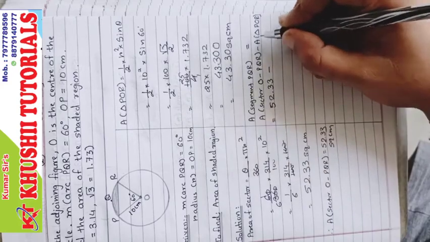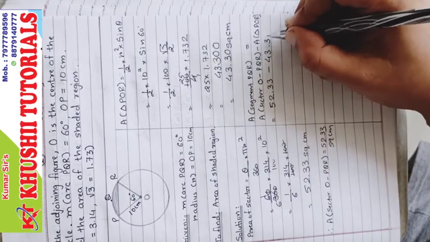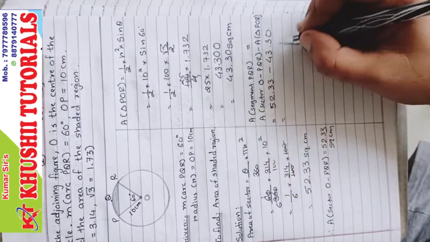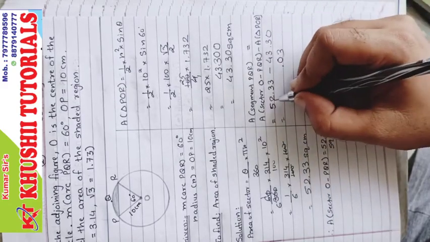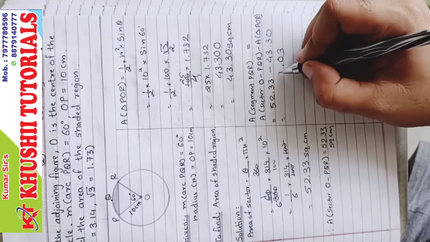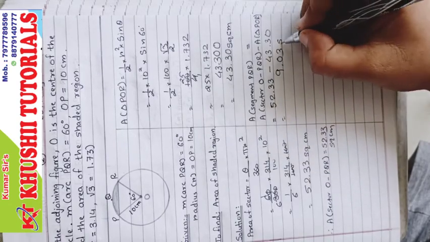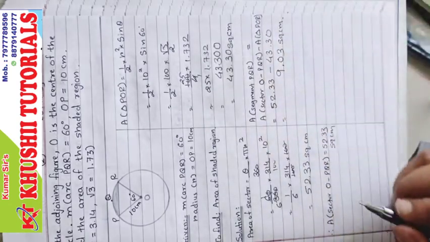equal to area of sector is 52.33 minus area of triangle is 43.30. 3 minus 0, 3, 3 minus 3, 0. 52 minus 43 is 9, 9.83 square centimeter.